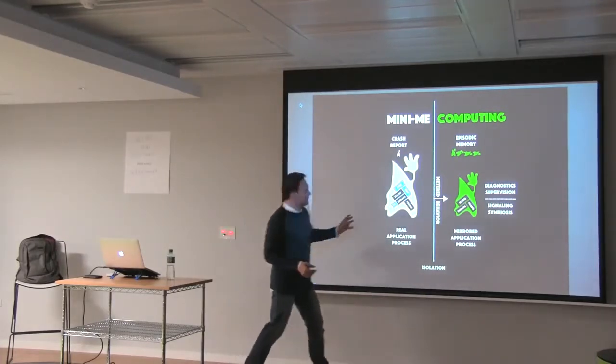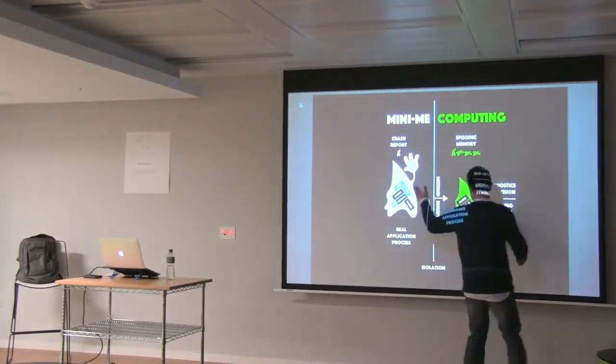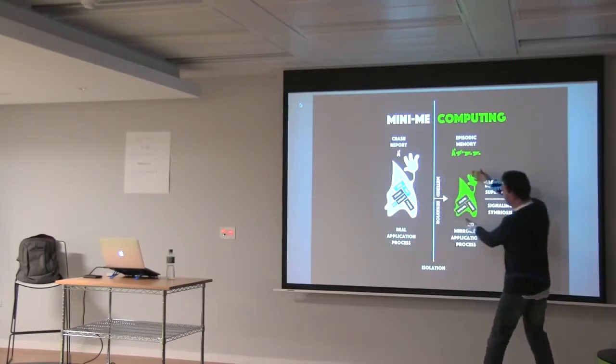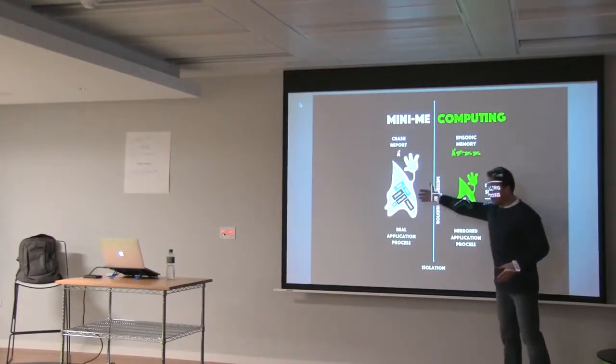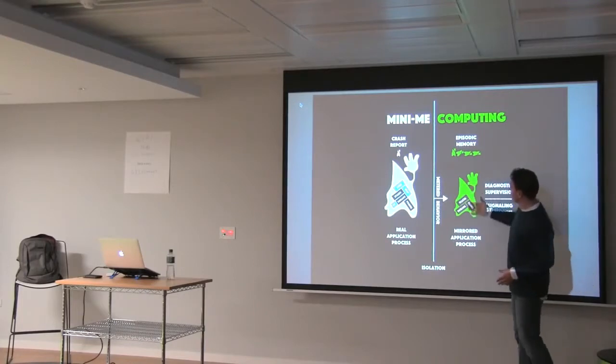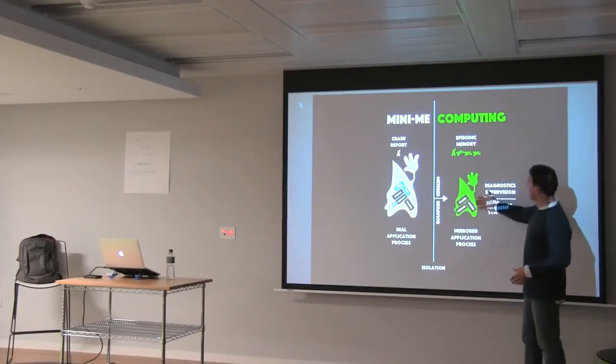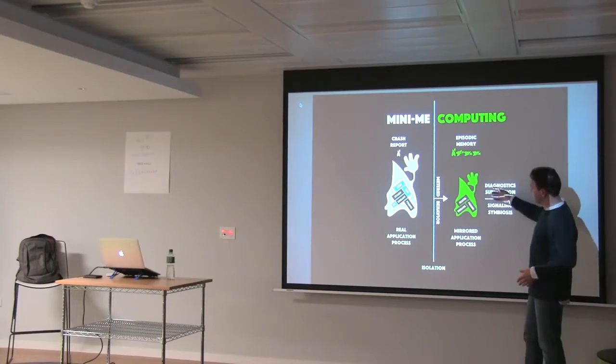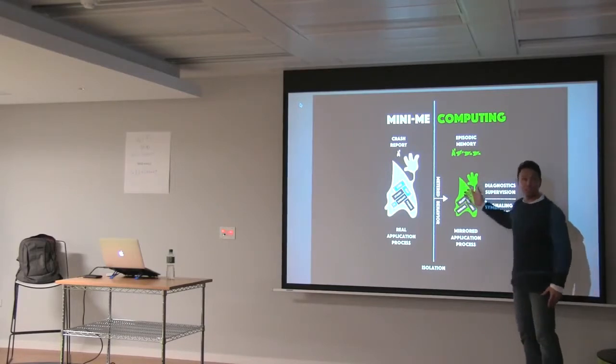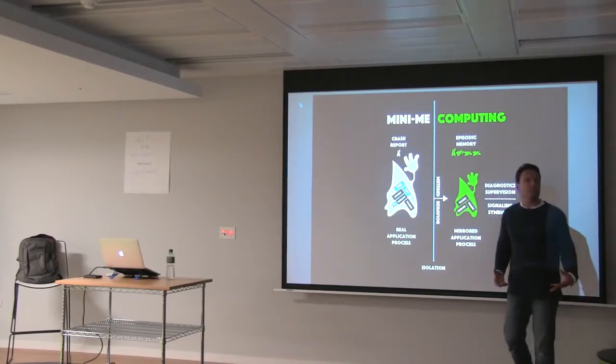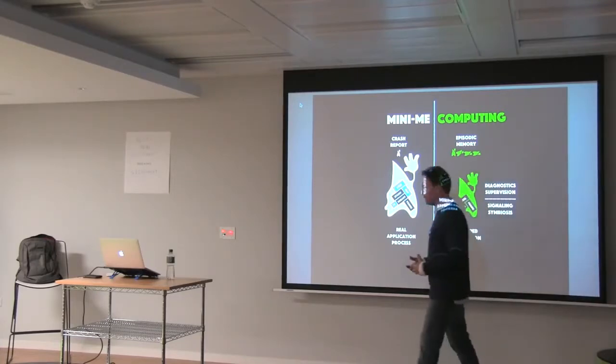But what about if there was always this little guide? Every time you started up a real process, there's a little mini process, and he says, I am you. And he's always running. So when you crash, he's there. So when we want to get diagnostics, we go to the mini-me, because he's not going to crash. Because he doesn't do much. He just mimics. He's not changing the data environment.